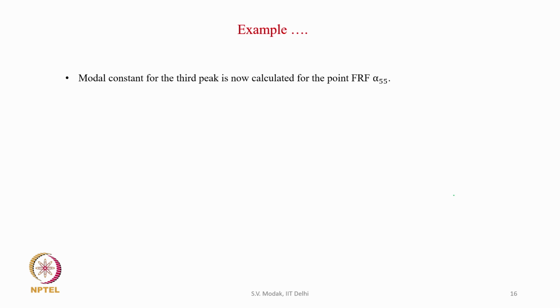Once these average estimates have been obtained, we determine the modal constant for the third peak. Let us first determine the modal constant for the point FRF alpha 55. The FRF magnitude of alpha 55 at the natural frequency can be obtained from the measured FRF.